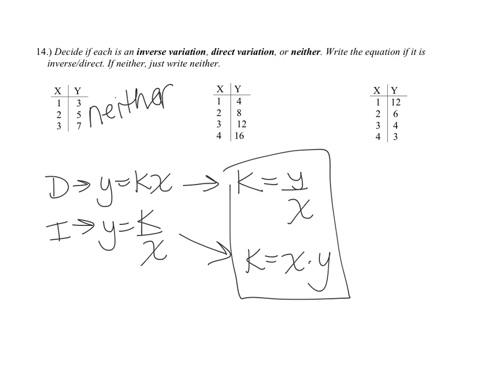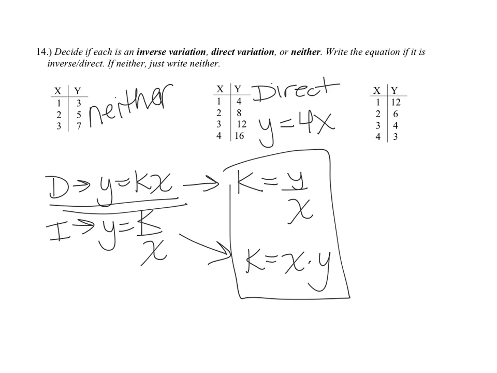Yes, the answer is yes, because a constant means you can do y divided by x every single time for every ordered pair, and you will still get 4, right? So since we did that, the constant is 4. So we're going to put that right here. So this we're going to say is direct, and the equation is y equals 4x, because it's direct variation, right? So remember, direct variation is that linear form. The k is really the slope, okay?